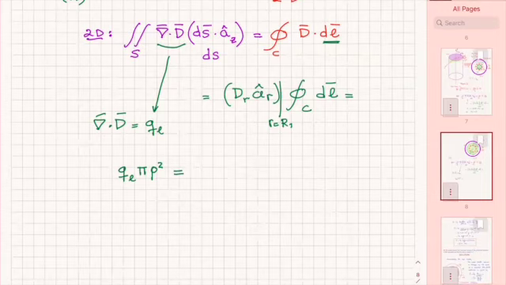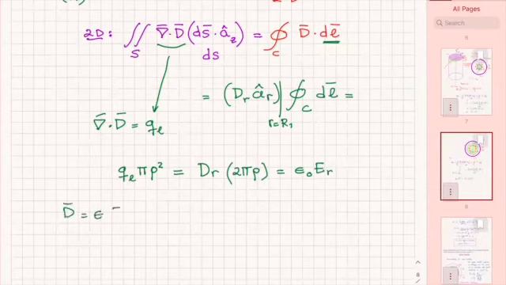I will have D sub r, and then 2 pi rho. Do you agree with that? How much is D sub r? It is epsilon E sub r, because D is equal to epsilon E. Here is free space, it is epsilon naught, and therefore we have D sub r is epsilon naught E sub r.